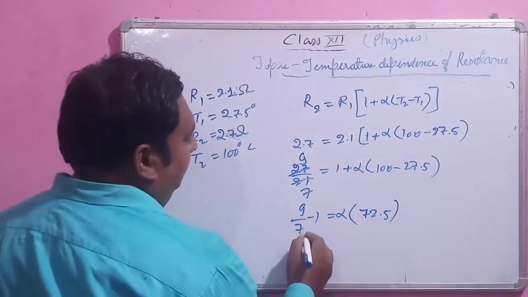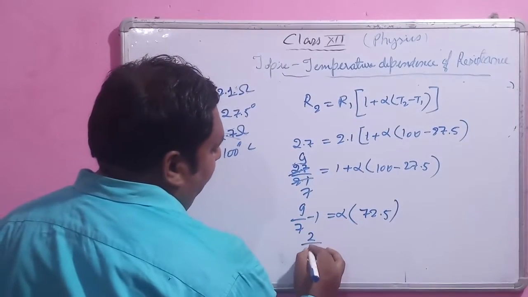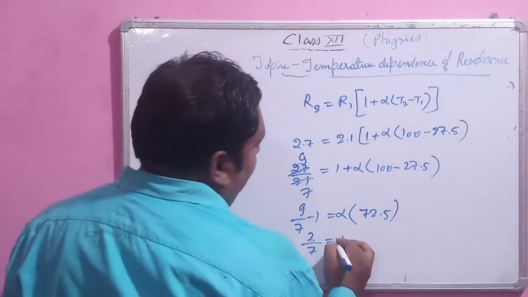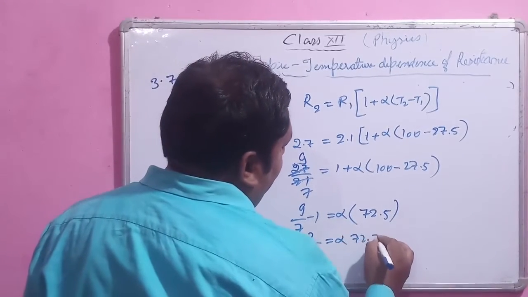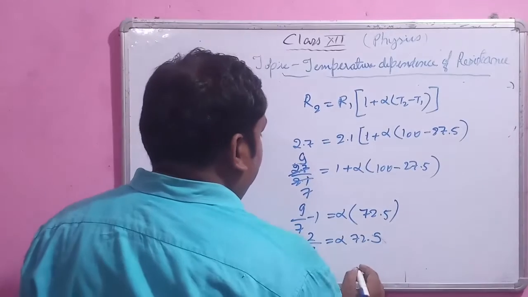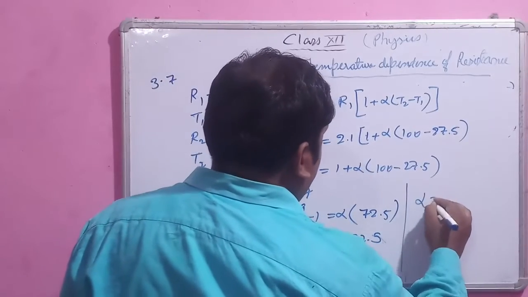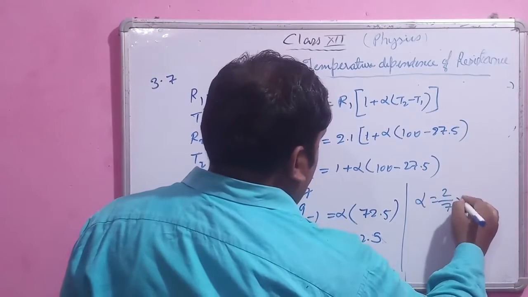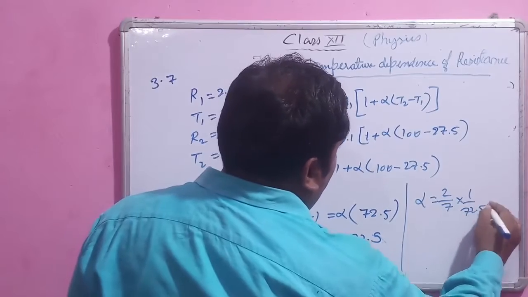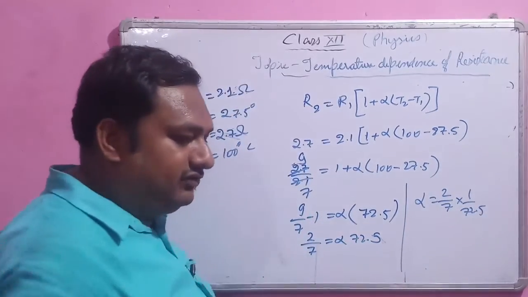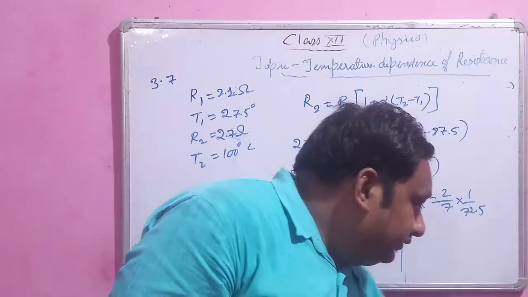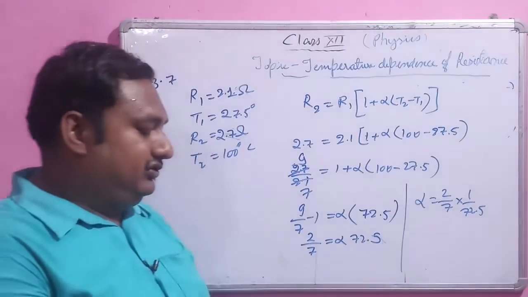Okay, so here 2 by 7 equal to alpha into 72.5, and finally alpha equal to 2 by 7 into 1 upon 72.5. So it can be found very easily. I am using a calculator, you do not have to use a calculator.